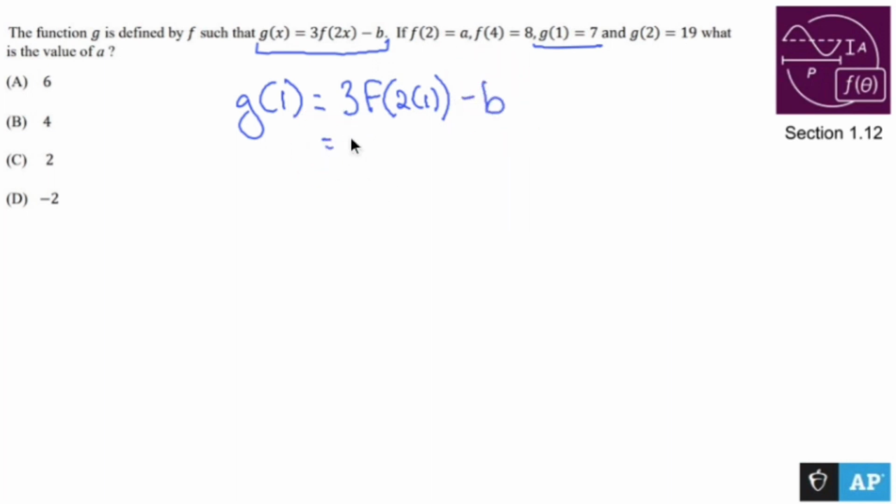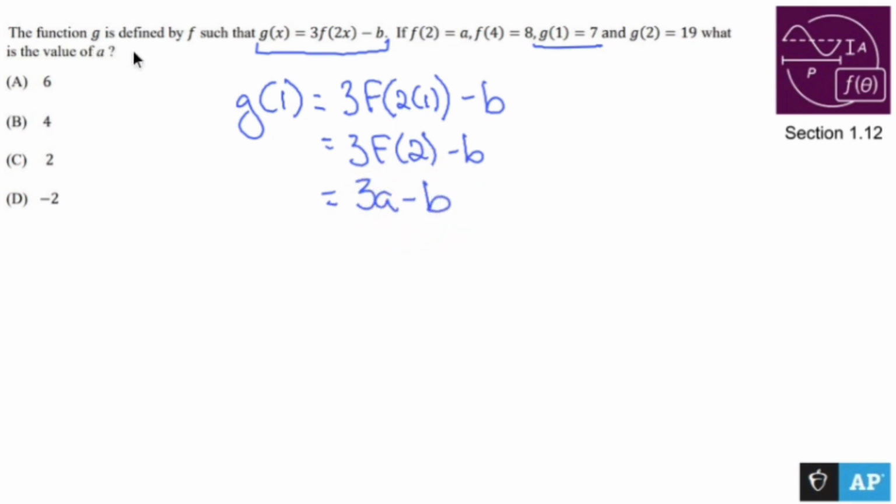So this simplifies to 3 times f of 2 minus b. Ooh, f of 2 is a. So this becomes 3a minus b.